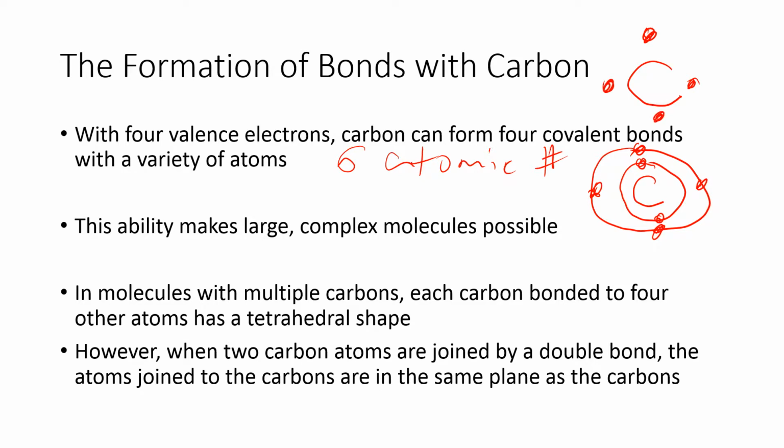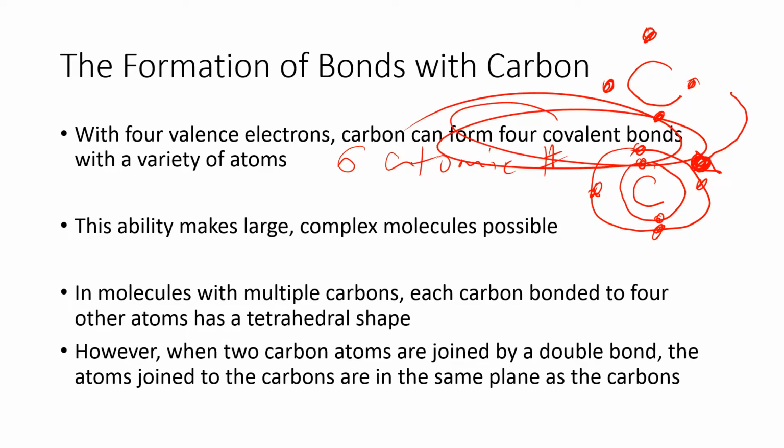So basically, if you draw a nice little Lewis dot structure of carbon, this is what it looks like. Remember when you're drawing a Lewis dot, you're only looking at the valence electrons. So carbon has 4 valence electrons. So it's very possible for carbon to form 4 covalent bonds, up to 4 covalent bonds.